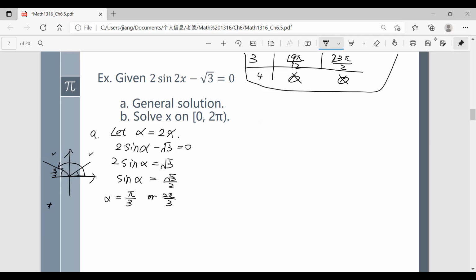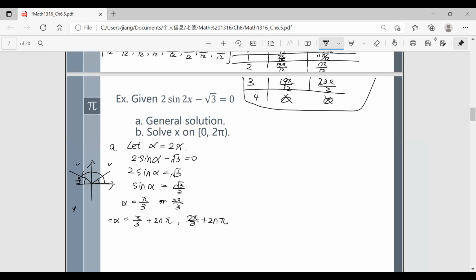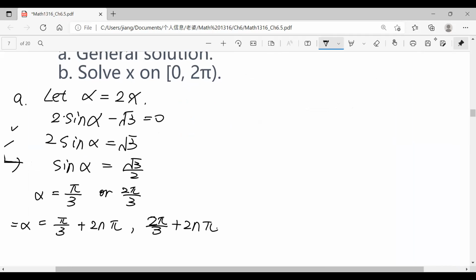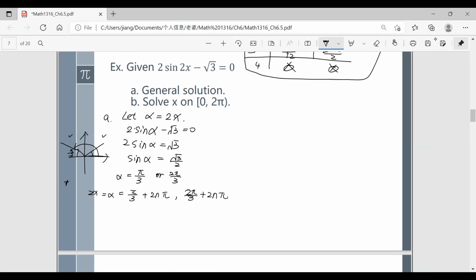So we find the alpha. How about the general solution for the alpha, not for the x? So first find the general solution for the alpha. So alpha general solution is pi over 3 plus 2n pi, or 2 pi over 3 plus 2n pi. And alpha equals 2x. So divide by 2 on the left-hand side and right-hand side.